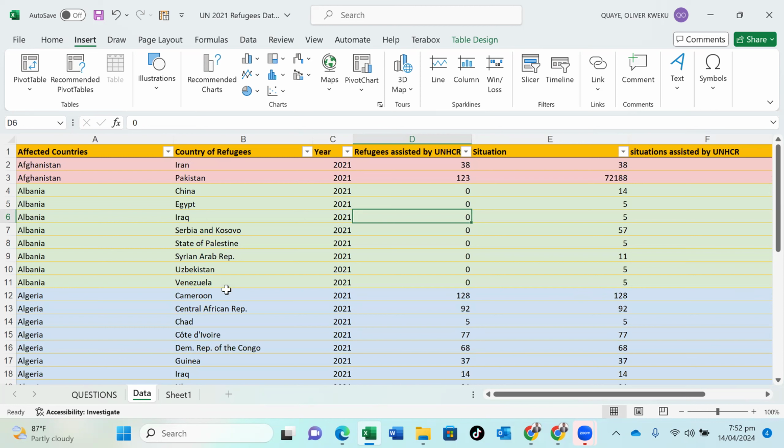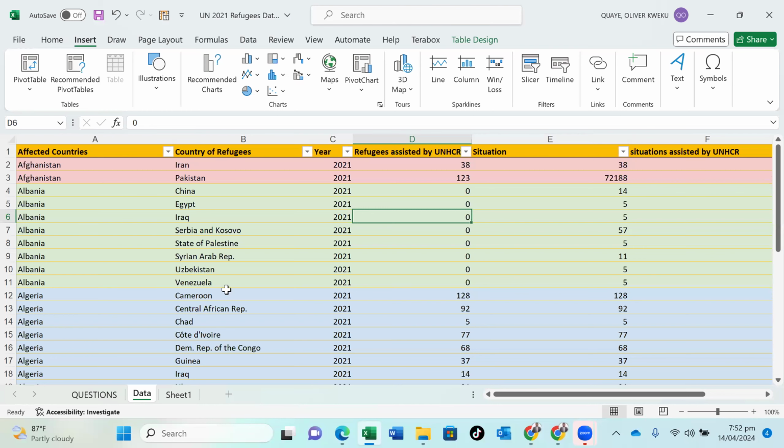Now we are done with our missing values, data and cleaning. So, data understanding. How many countries were affected? I can ask myself that question after understanding that this data is for refugees 2021 across the world. Was it a war?